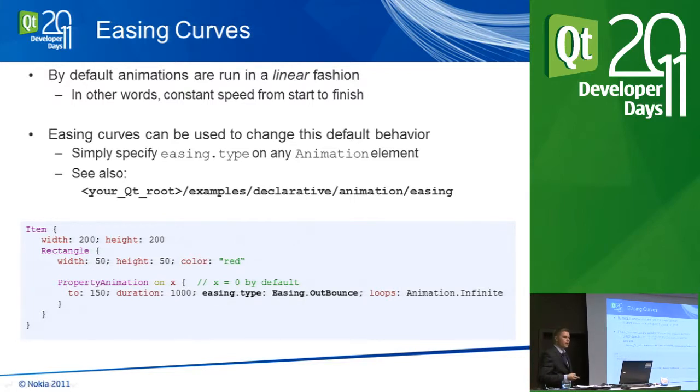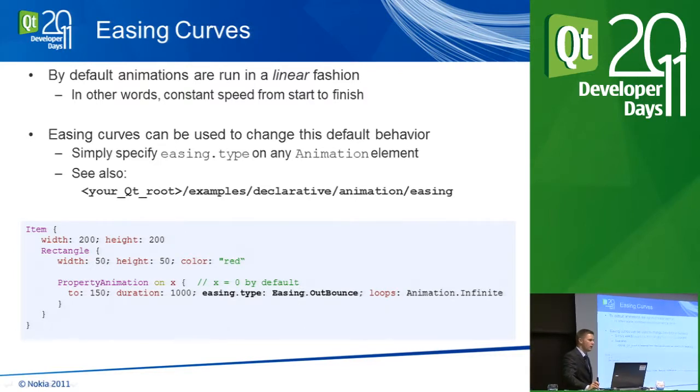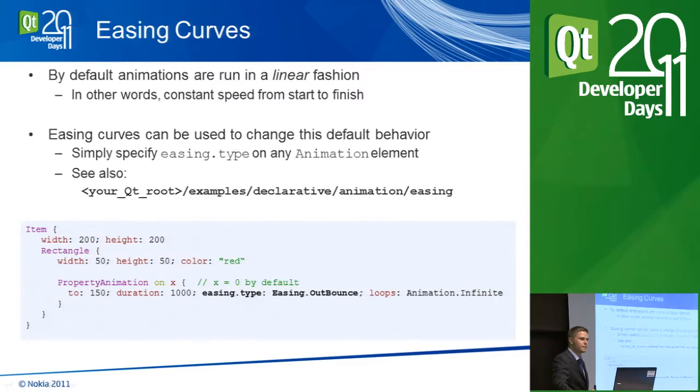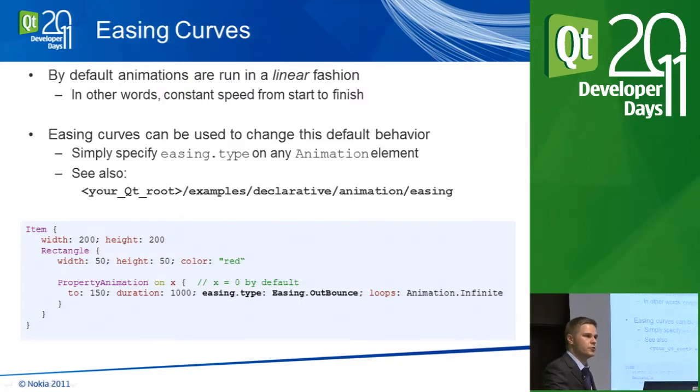Easing curves is something that we already saw. So we use those to modify how we want our animation to run. There is an example available about this in Qt examples. It should be provided with the SDK. I'm not sure if it's still the case.